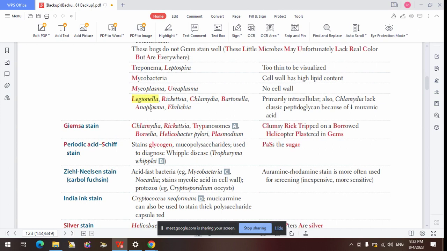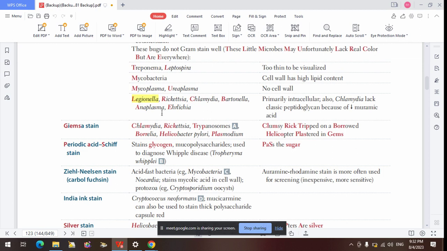Sleeping sickness, Trypanosomiasis: Trypanosoma brucei, Trypanosoma gambiense, Trypanosoma cruzi, they are all protozoans. Malaria caused by Plasmodium is a protozoan. And what you typically use to stain protozoa is Giemsa. You have known that fact like that.